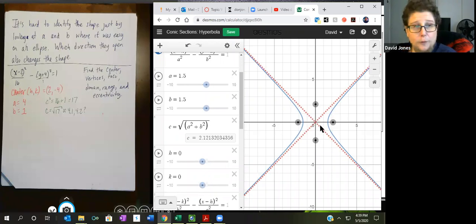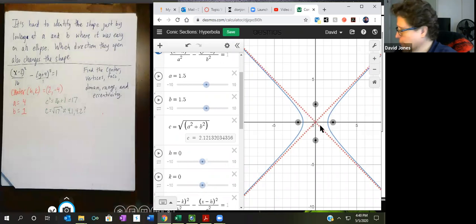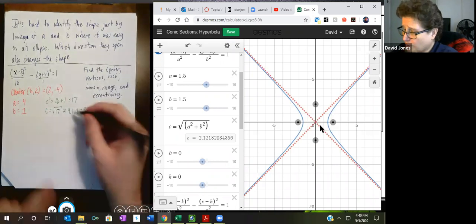Okay. Hopefully you've paused it, wrote down the equation, worked out the center, A, B, and C. Square root of 17 was 4.12, so I was pretty close. 4.1.